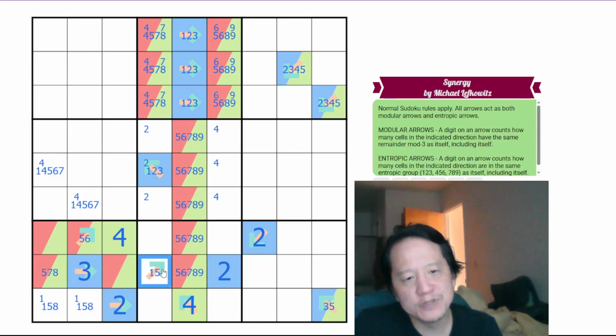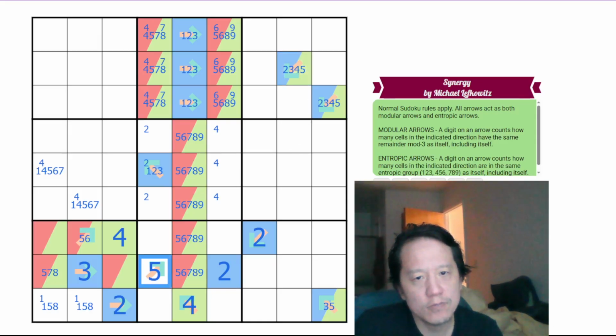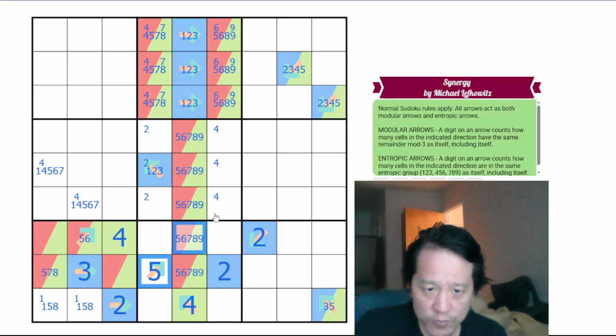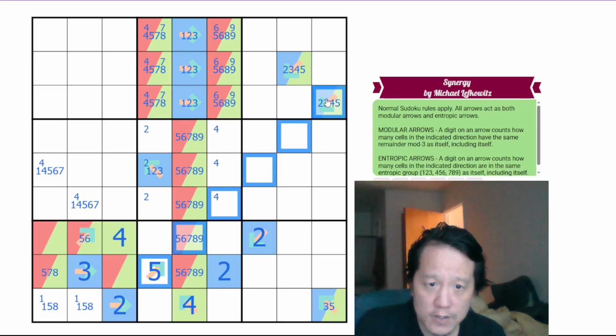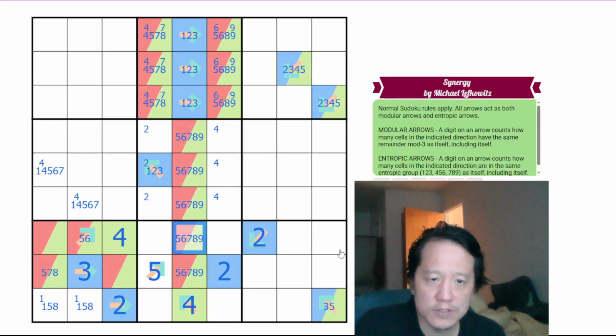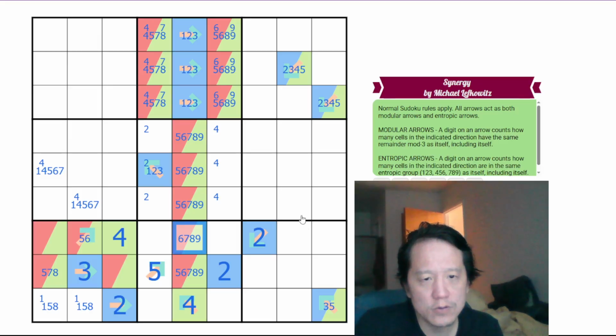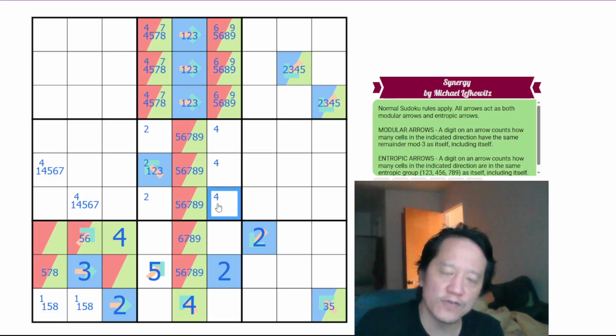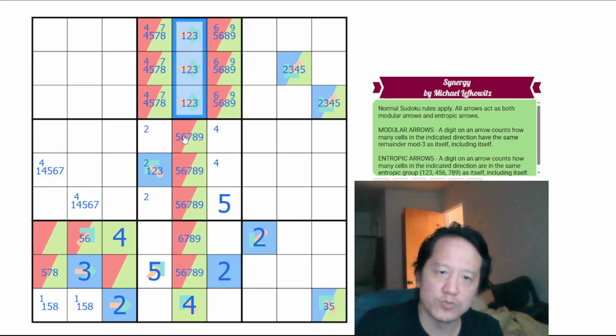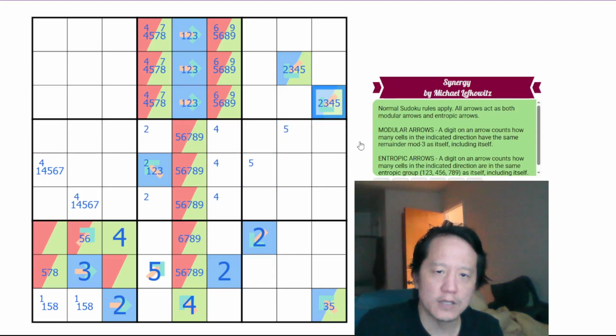Oh, what happens if this is 5? If this is 5, we have to have 5 be counted all the way here. Obviously, this can't be 5 here. You could have a 5 there. No, you can't. If you have a 5 here, the problem is where's 5 in column 5? So this can't be 5 either, which means we could have a 5 here, and this could be 5.